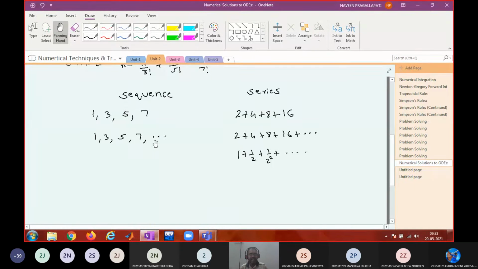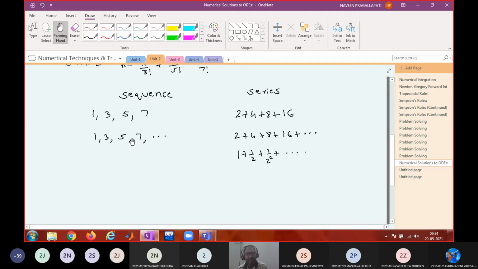Whenever I call something a sequence, you assume that it is an infinite sequence. There is nothing to discuss about a finite sequence. A finite sequence is finite, it will end with the last number. But for an infinite sequence, our interest is what could be the next number, what could be the next number, and that is part of logic. What is the next number of the series?